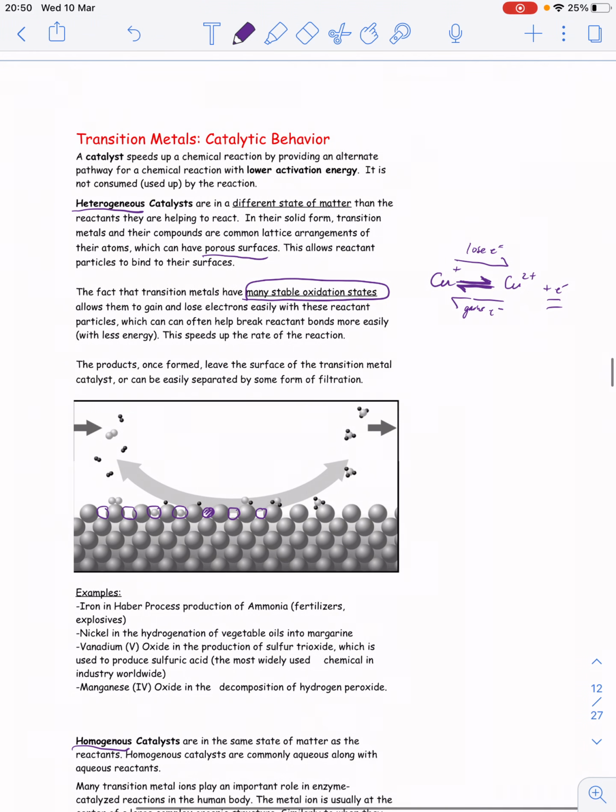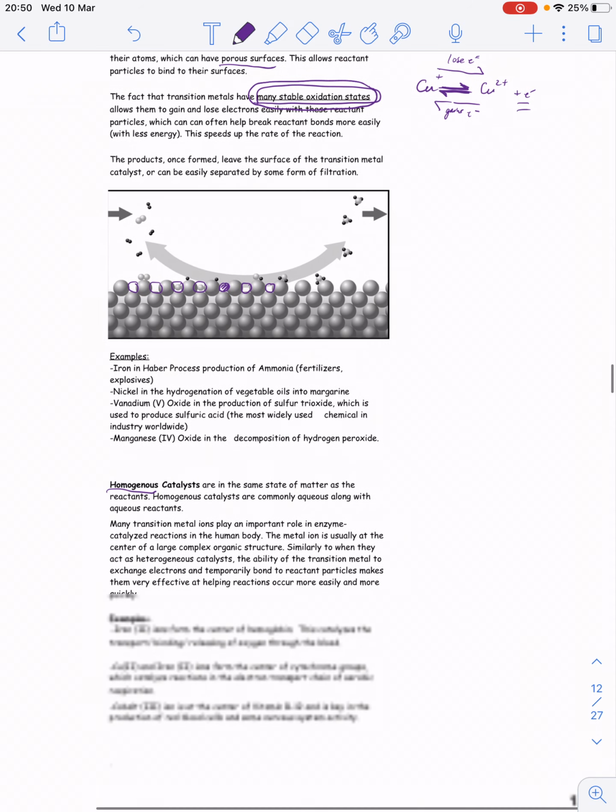So a short answer to summarize all that is that the key reason why they can act as catalysts is due to their multiple oxidation states. That would be the really distilled down answer that you'll see on IB mark schemes.